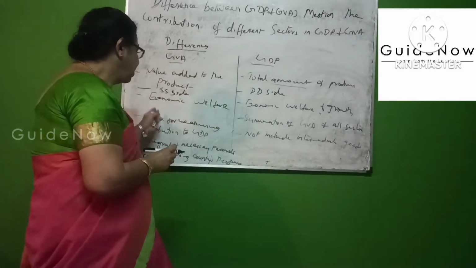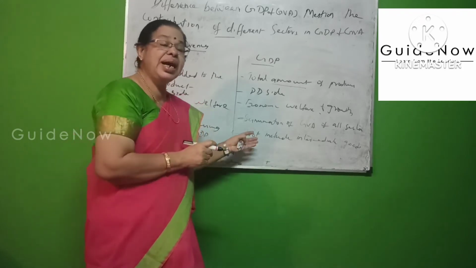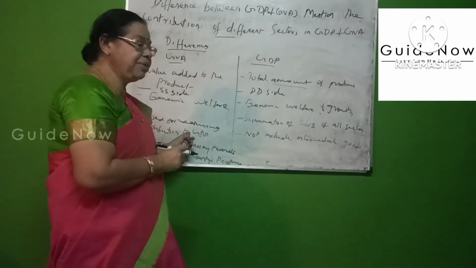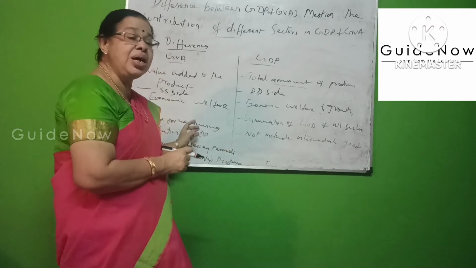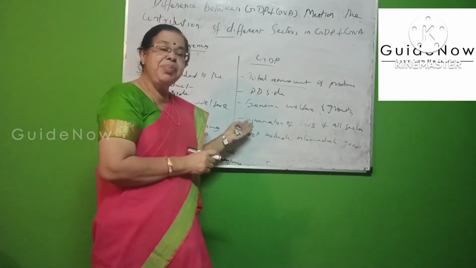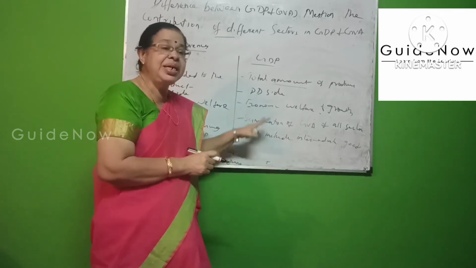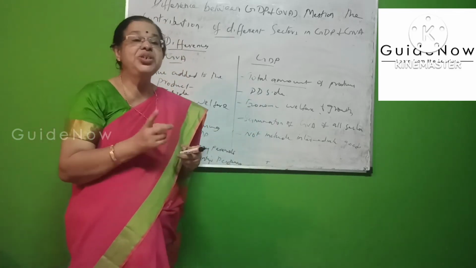And next is that GVA is used in the measurement, that is, the calculation of GDP. It is mainly used for the contribution to GDP. That is, GVA is mainly used for measuring how much is contributed to GDP. GDP is calculated based on GVA.